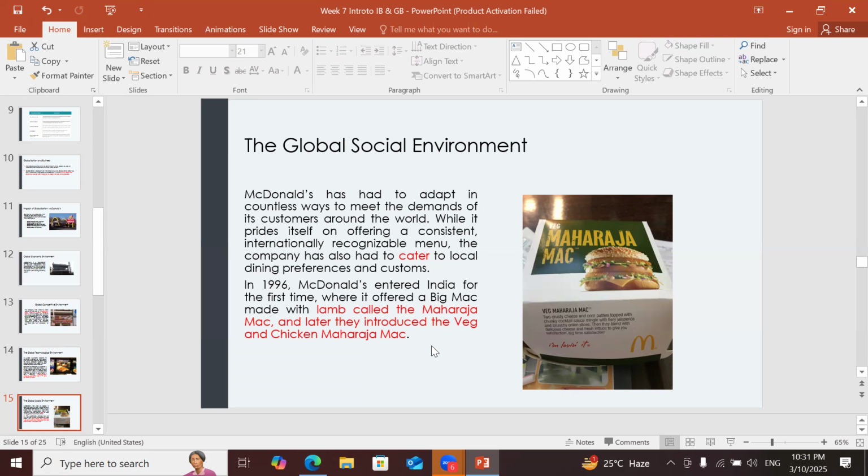Therefore, they added Maharaja before every product item: Maharaja Mac, Maharaja chicken, Maharaja vegetable. Because if you do not take this approach, you cannot survive the competition with others. So this is the social aspect that depends on globalization.